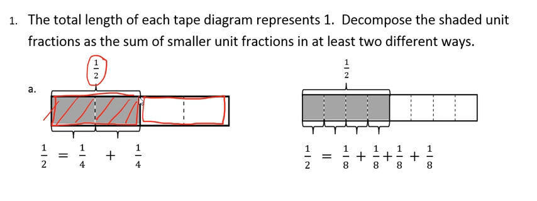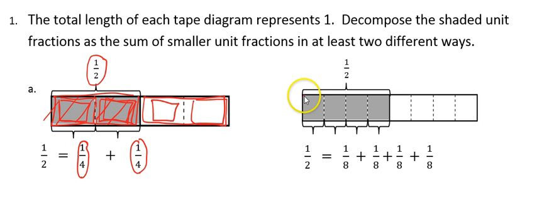That 1/2 was divided into 2 pieces. Each of those pieces represents 1/4, because compared to the whole tape diagram, it would take 4 of these pieces to create the whole. So 1/2 can be divided into 1/4 plus 1/4.